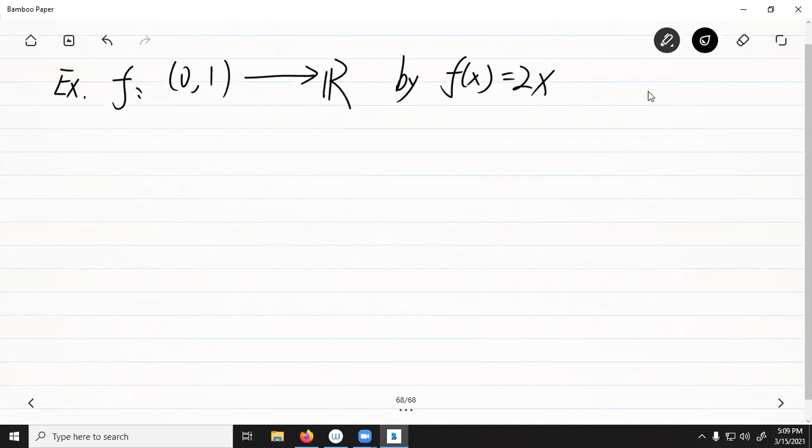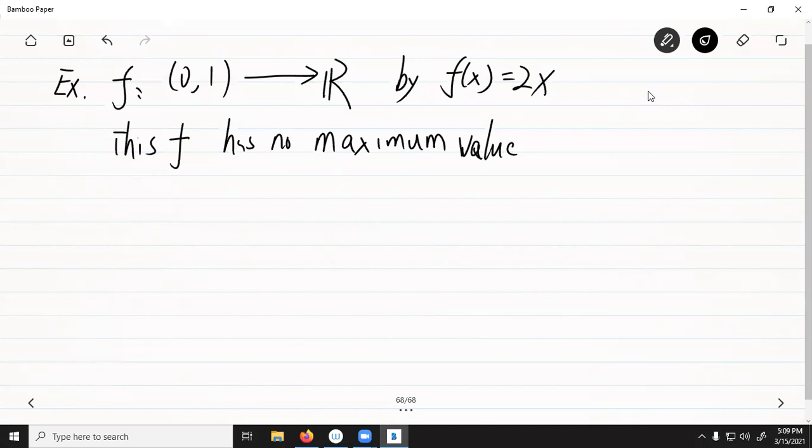The domain is an open interval from 0 to 1. So we can claim that this f has no maximum value.